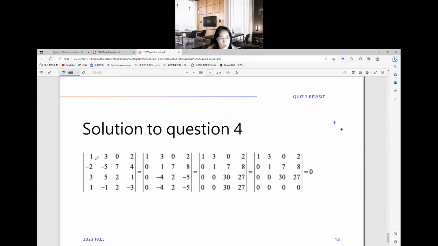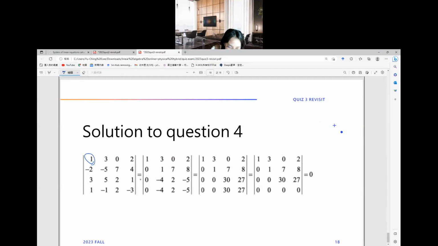Okay, so for the process of Gaussian elimination, we first select this one as my pivot, and then reduce the values below it to 0. Then I continue selecting my second pivot and reduce the values below it to 0, and then I select my third pivot, and after row replacement, I identify a row being all 0, so I can determine the determinant of such a matrix, I call it A4, for example.